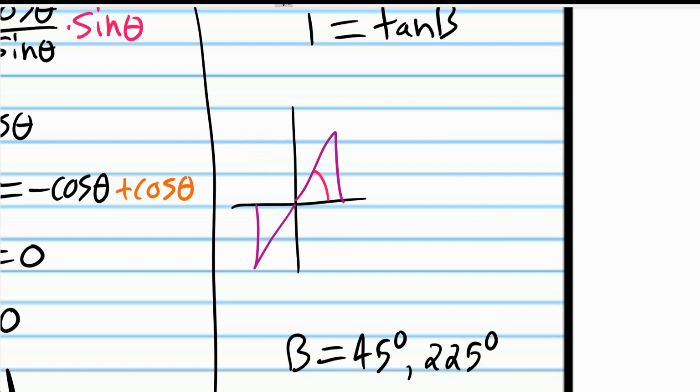And then if you want to go from the third quadrant to the first quadrant, you just add 180 degrees again. So you can add or subtract 180 degrees to go back and forth between the first and third quadrants.